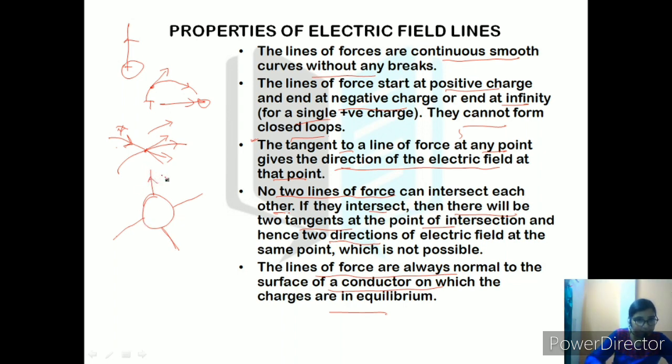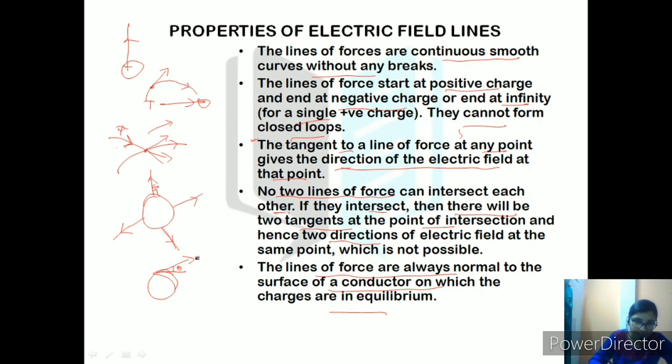Suppose this is the direction of electric field lines. Now I'll consider the case where the field lines are at some angle and not at 90 degrees.